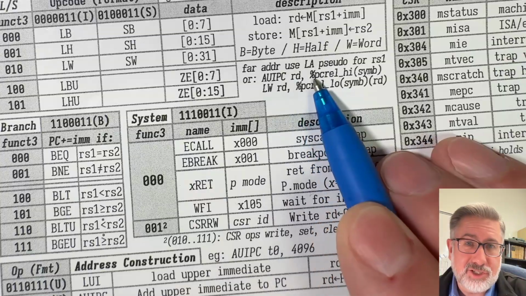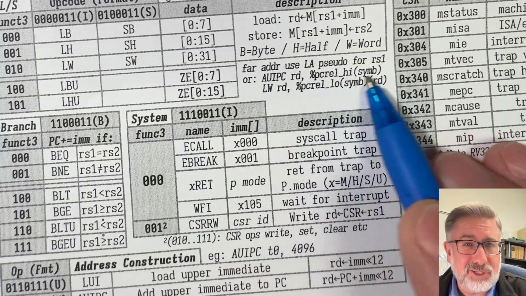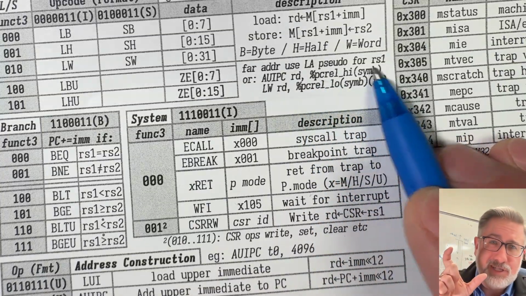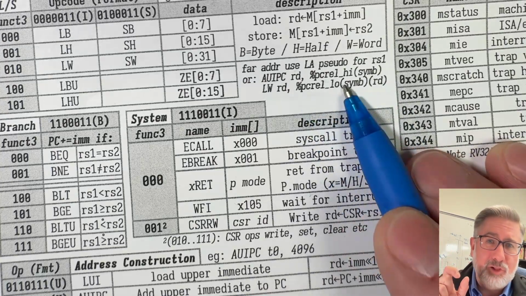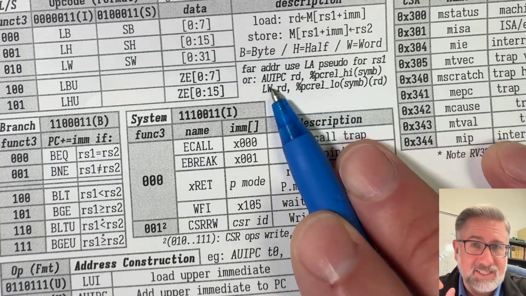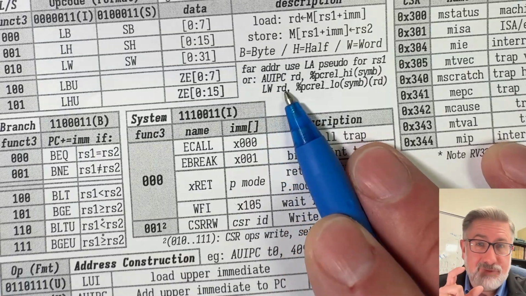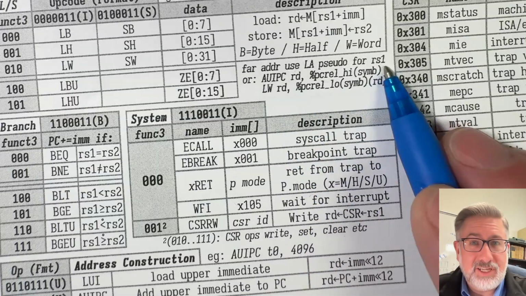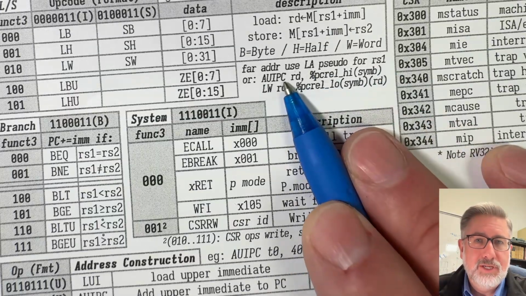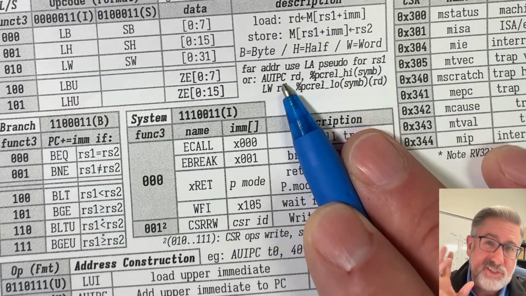into the destination register, and then this is an assembler shortcut for the high 20 bits of the symbol that you're accessing, and then the low 12 bits of the symbol that you're accessing is then added using load word. So instead of just constructing the address and putting it into RS1, which is what LA would do, you can do this with two instructions instead of three, right?